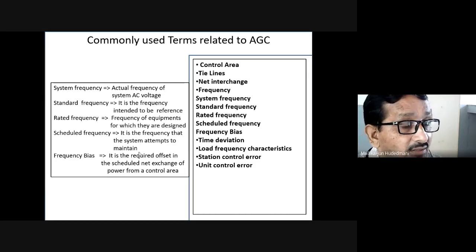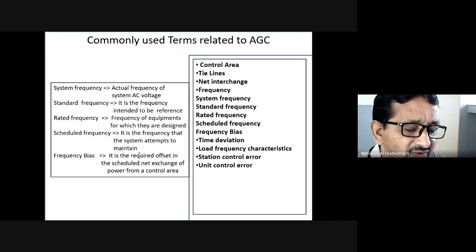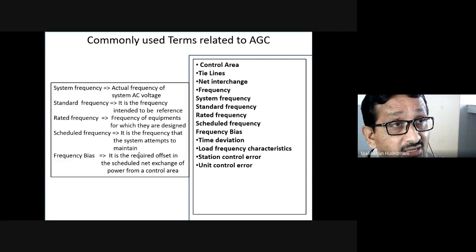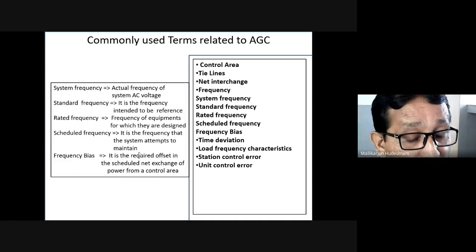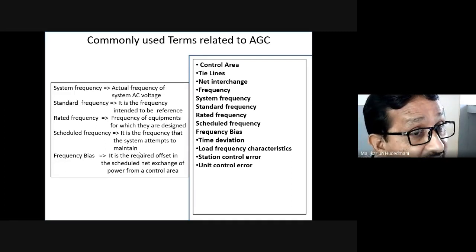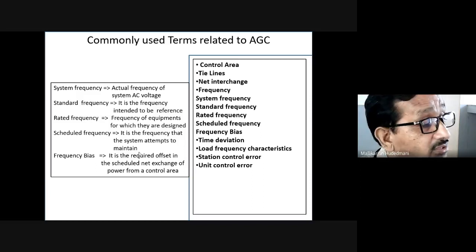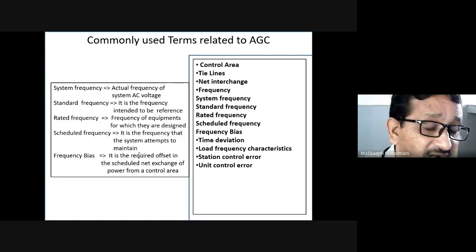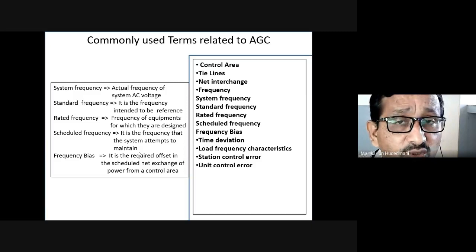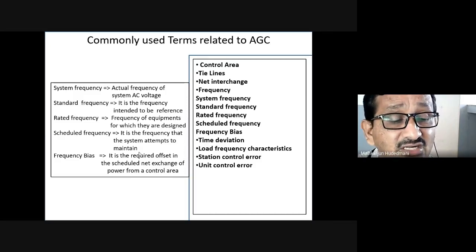It may happen that 50 Hz is your requirement. Sometimes it becomes very difficult to control the primary loop of ALFC by changing the mechanical input to it, and RPM is not raised up. Then the scheduled frequency at that time attempts to settle at 49 Hz or 49.5 Hz only.